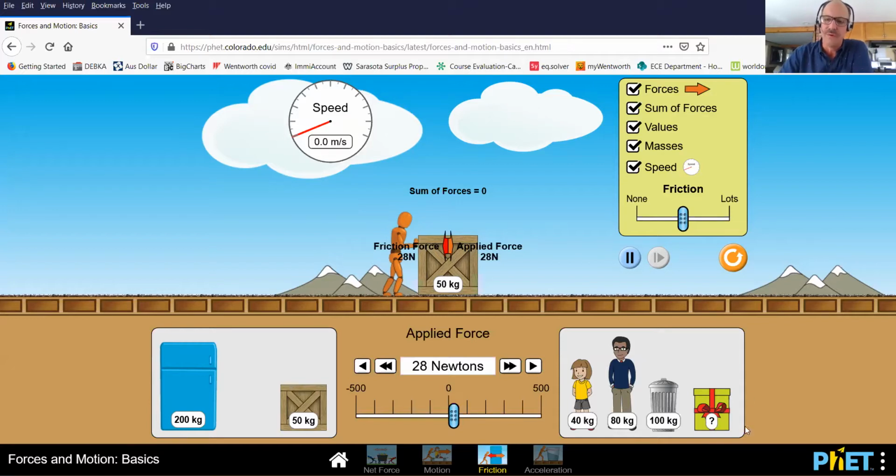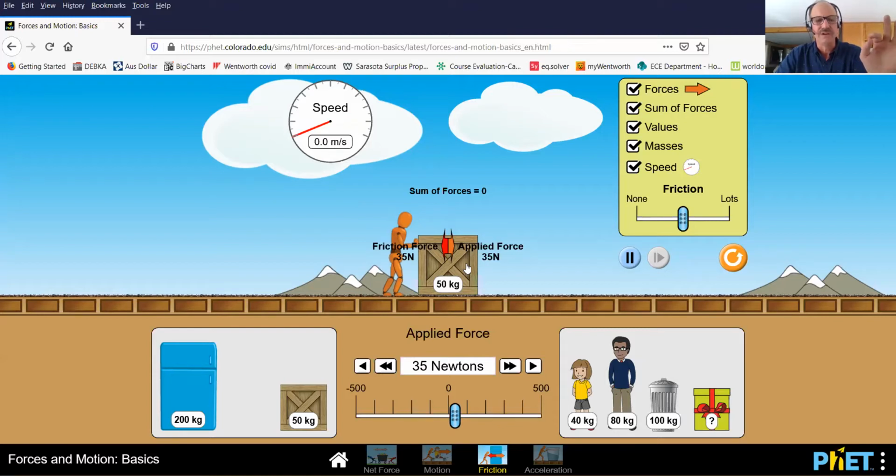You're going to figure out exactly, for the frictional setting that's set up right when you get to the website, and don't change that at all, and then start pushing on it, what the static coefficient of friction is.